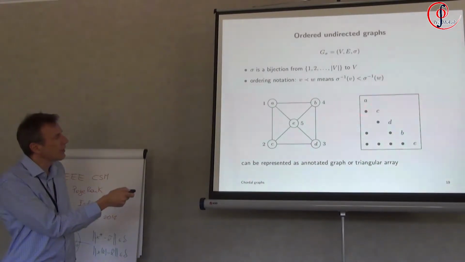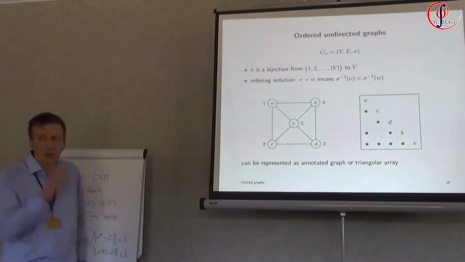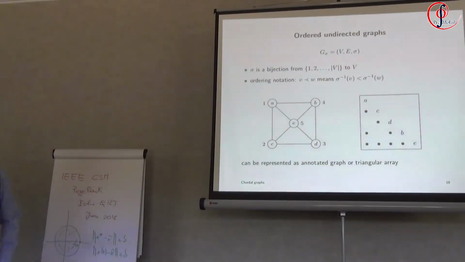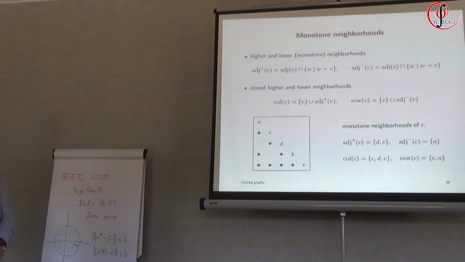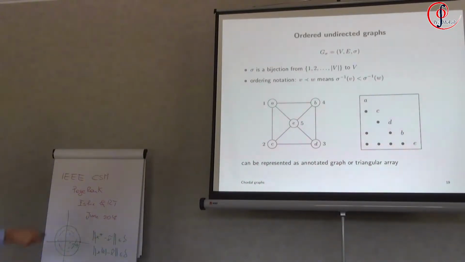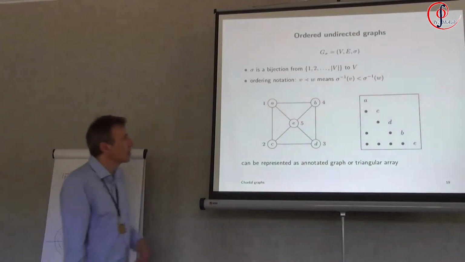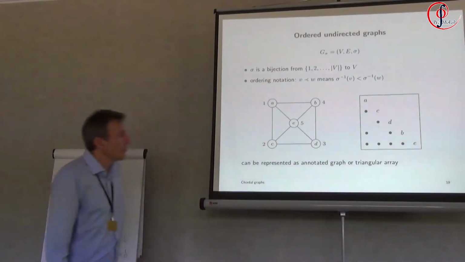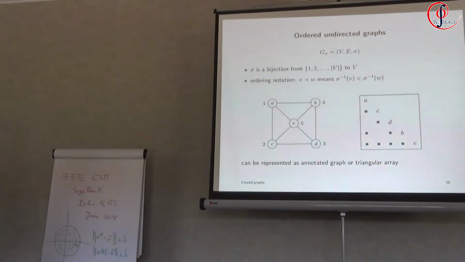So A is connected to C, B, and E. So I put a dot in those rows and columns. So both are useful. So this representation as an array is useful because it's very easy to distinguish in the neighborhood of a vertex which vertices have a higher index or a lower index.